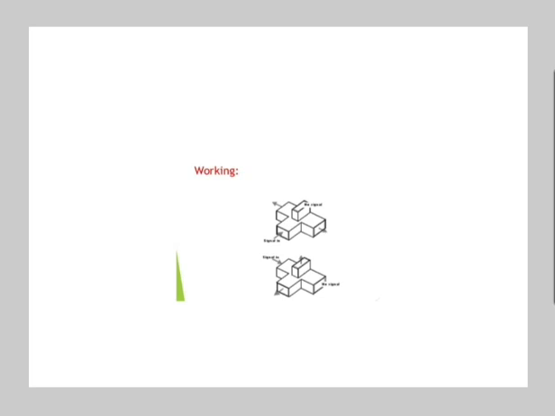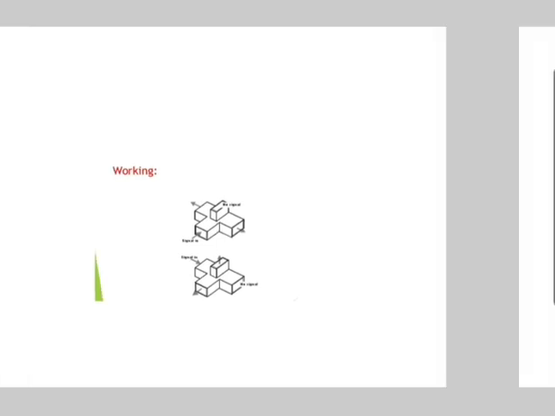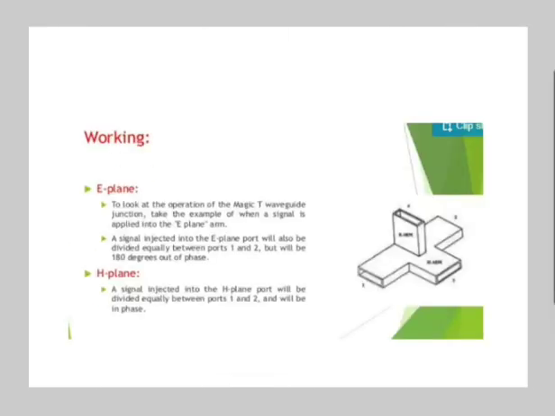So the diagram for this is given here. We can say this magic tee is also a hybrid tee. The collinear arms are the side arms, while the other two arms are called the E arm, or series, and the H arm, in shunt.